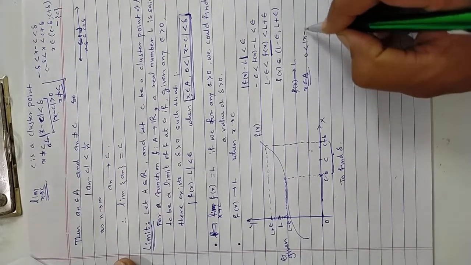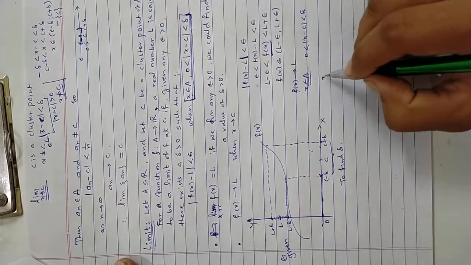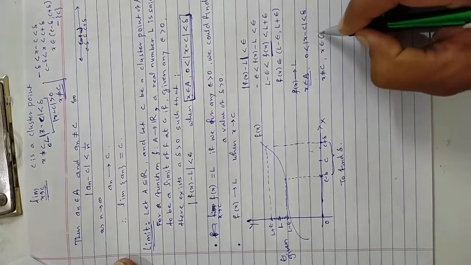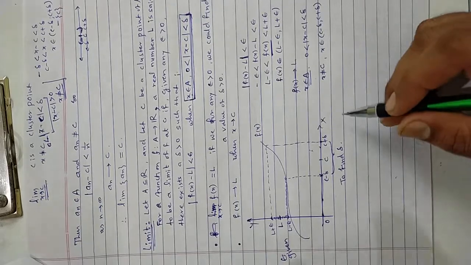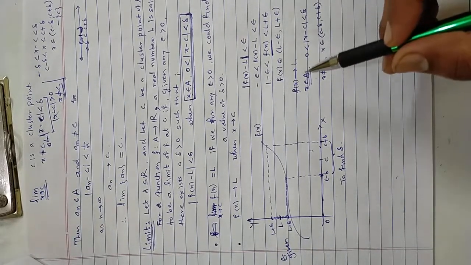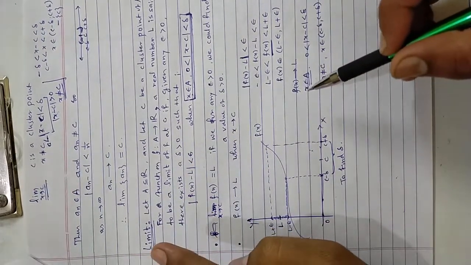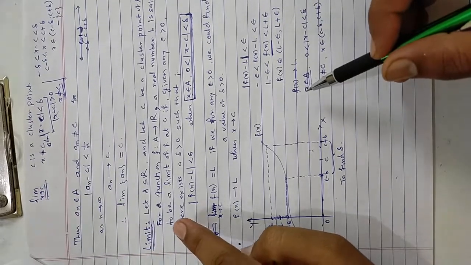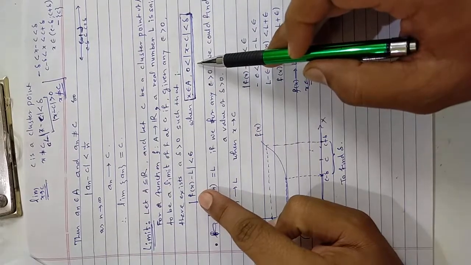0 less than modulus x minus c less than delta. We have interpreted this thing. It means what? x should not be equal to c and x belongs to c minus delta and c plus delta. So this is the interpretation of the definition of limit. What the definition says: fx converges to L when x approaches c if for any epsilon greater than 0 we can find a value of delta satisfying this thing, right?